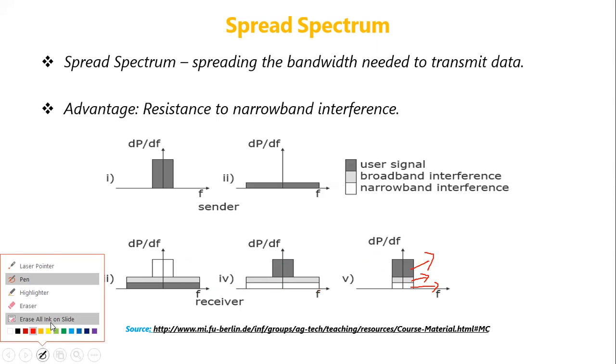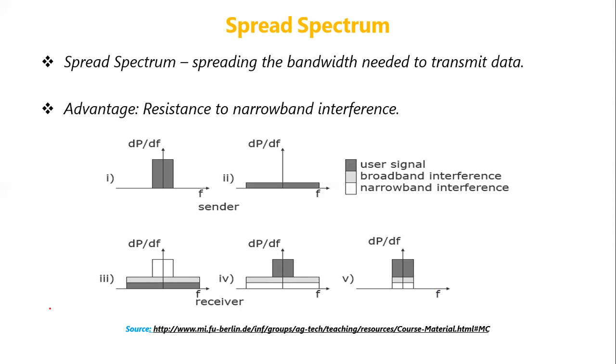So this is how the signals are spread and then transmitted to the receiver, and it also reduces the effect of narrowband interference. Now let us discuss two spread spectrum techniques.